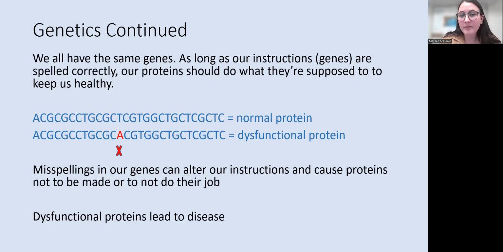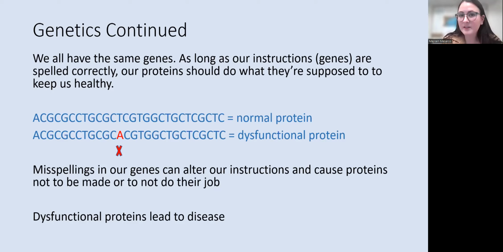If we are born with mistakes in our instructions, that can confuse your body, and the protein product that's supposed to be made is no longer functional. And that can lead to lots of different diseases, one of them being ALS. So I call them misspellings in our genes or our instructions. And that is what leads to dysfunctional proteins and ultimately disease.